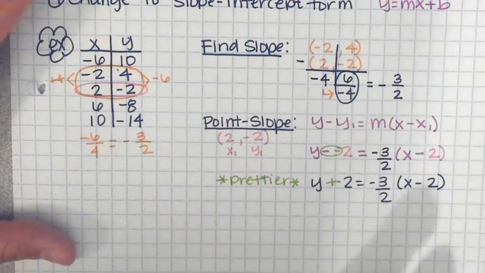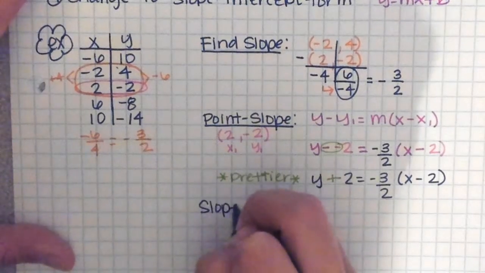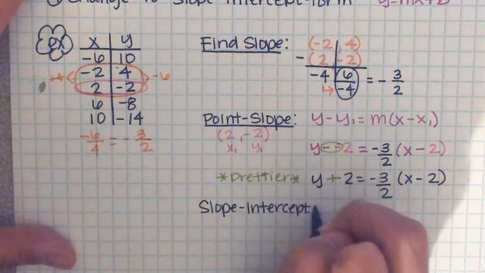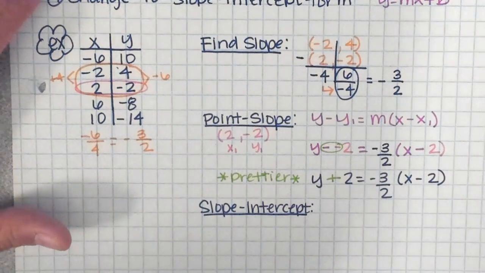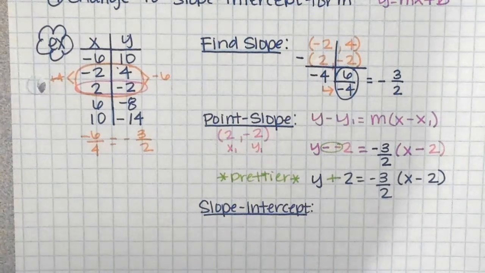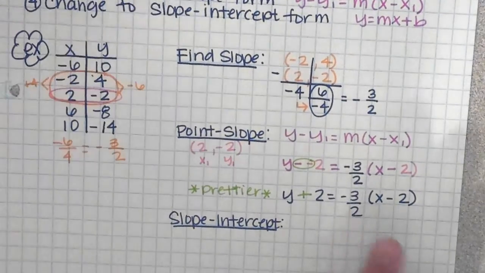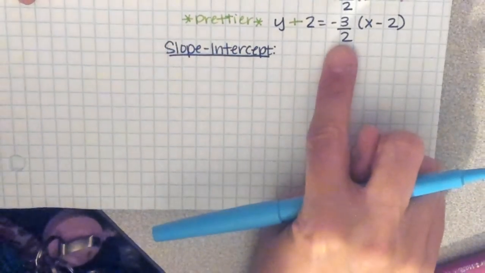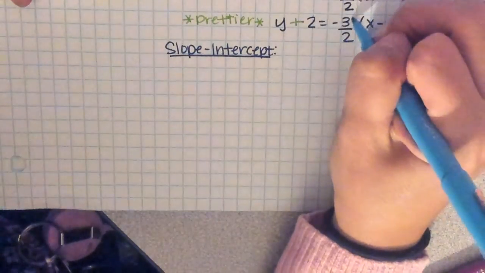But normally they want us to keep going and actually write it in slope intercept form. All right, so for slope intercept form, we take my number outside the parentheses, in this case -3/2, and distribute to everything on the inside.